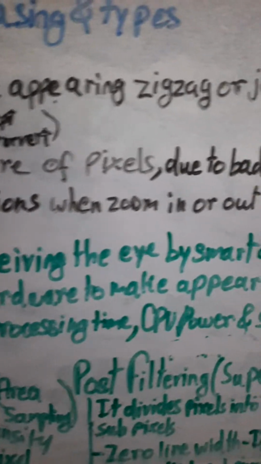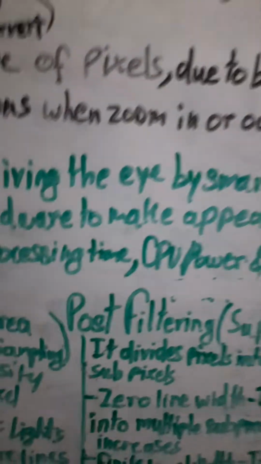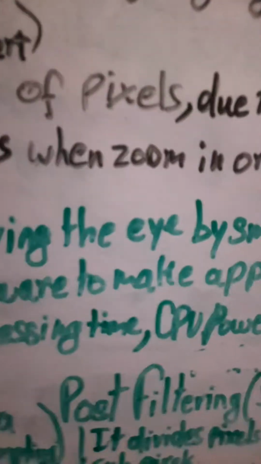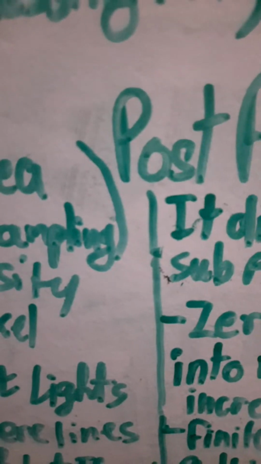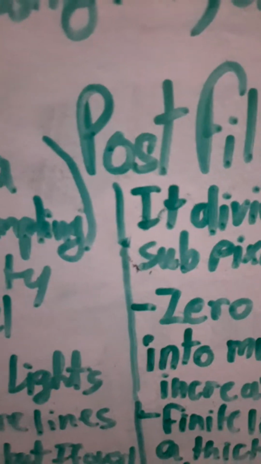So aliasing means when a line appears zigzag or jagged. Also, I should check with the original definition if it is correct. I have to match with the reference. Let me check real quick so I don't say any wrong things. What I have here is, it divides pixel into high resolution.